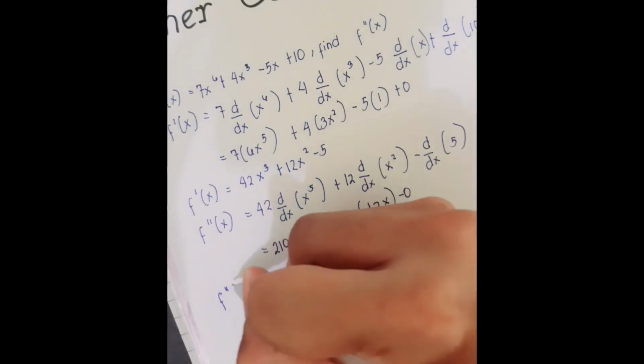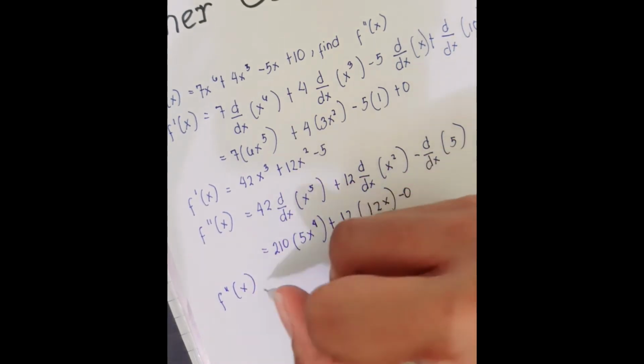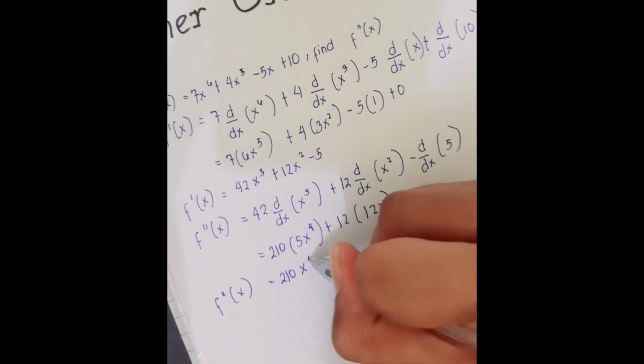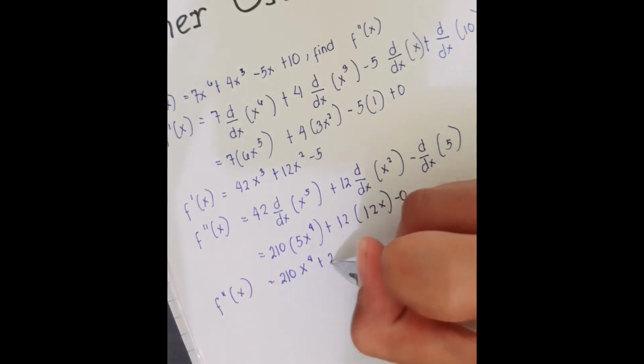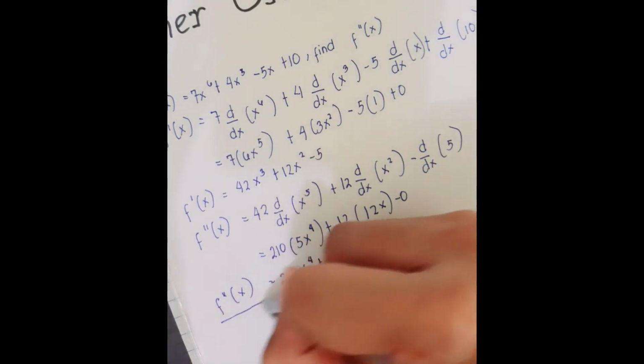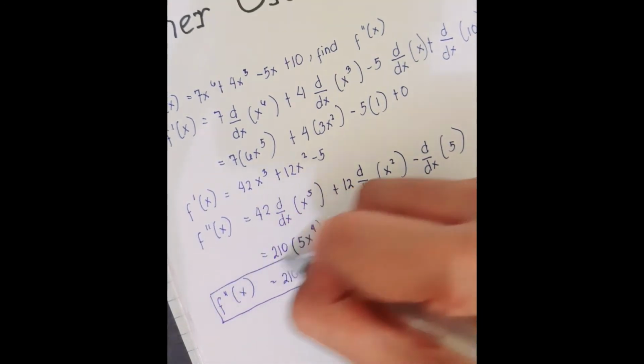So the answer is 210x to the power of 4 plus 24x. So this is the final answer.